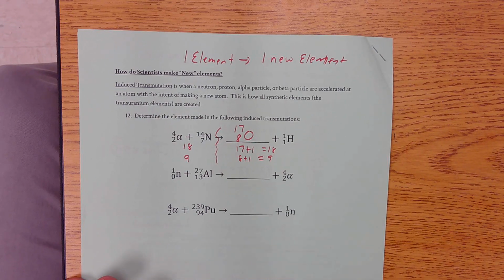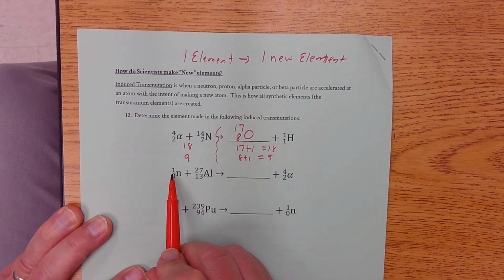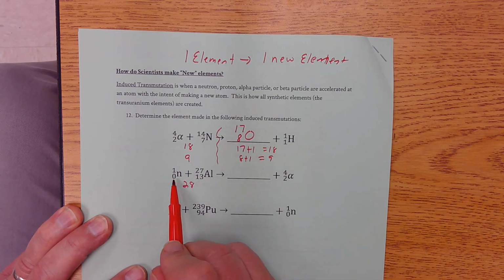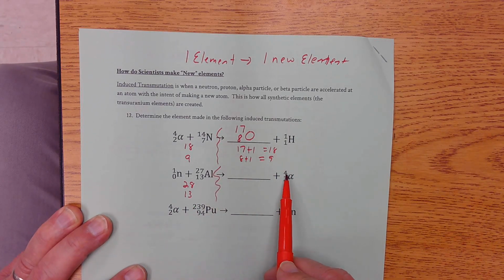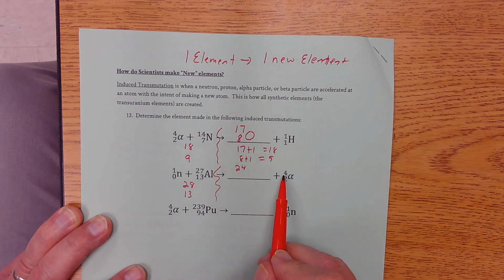Okay? All right, let's do one more of these. We have total on the top here, we have 28. On the bottom, we have 13. Okay? If I look over here, I have 4 here, so this has got to be 24. 24 plus 4 is 28.